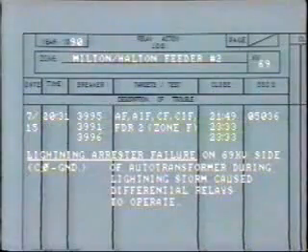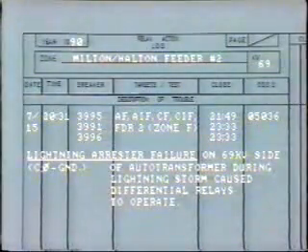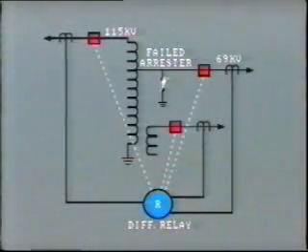Here is one example of a relay action log which reports upon failure of a lightning arrestor during a lightning storm. The failed arrestor was located on the low voltage side of a 115 to 69 kV auto transformer. The resulting fault within the transformer's zone of protection caused the differential relay to operate.